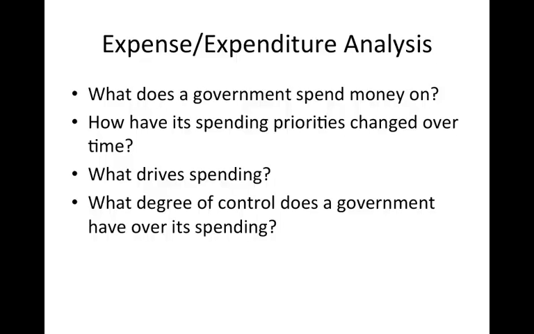And looking at its priorities for spending, what it spends most on, has that changed over time, or has it been relatively consistent? And then as well, how much of a government's spending does it choose on its own versus have mandated?